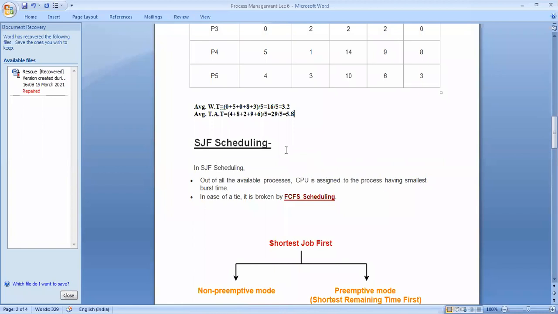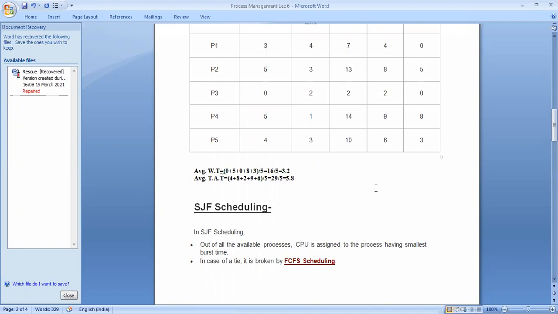Okay. So another important CPU scheduling algorithm, shortest job first. Now we can see from the name, shortest job first. Out of all the available processes, the CPU is assigned to the process having the smallest burst time. That means first of all we'll check which process has less burst time, and that process will execute first.